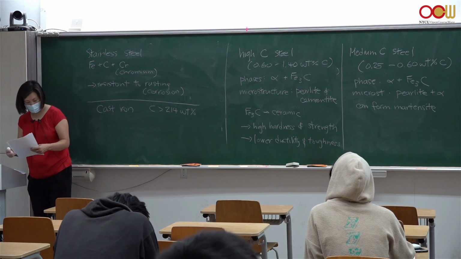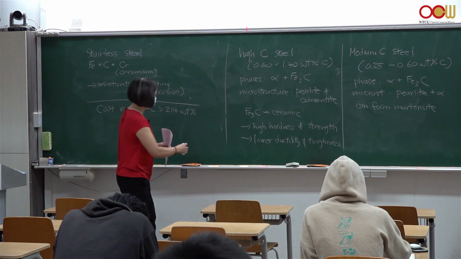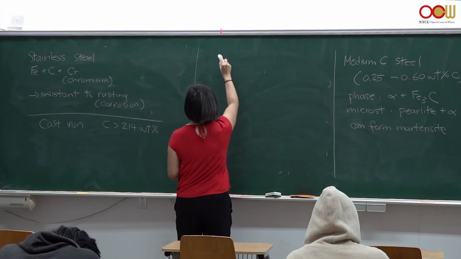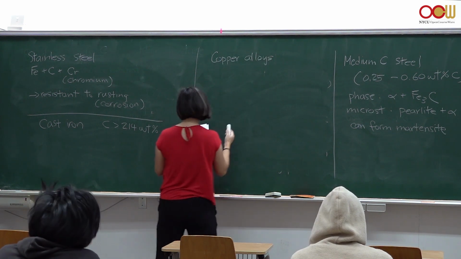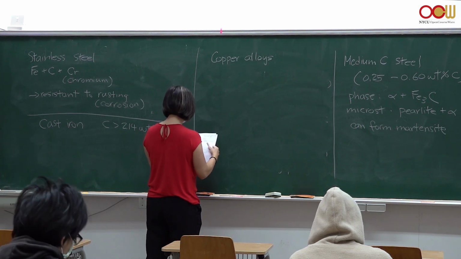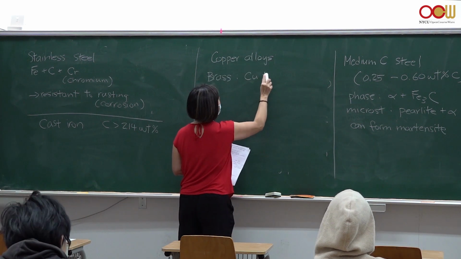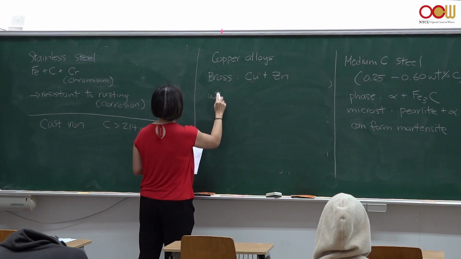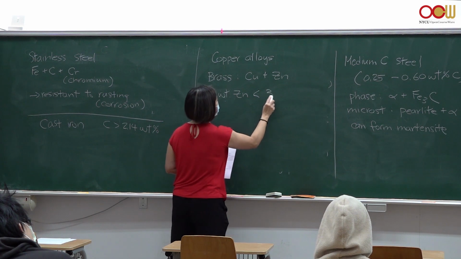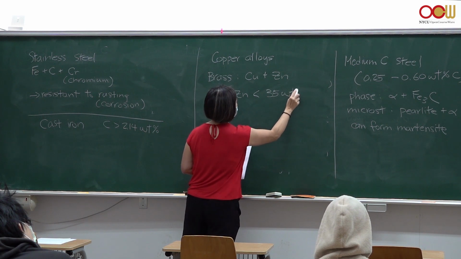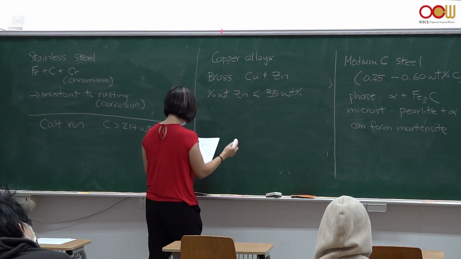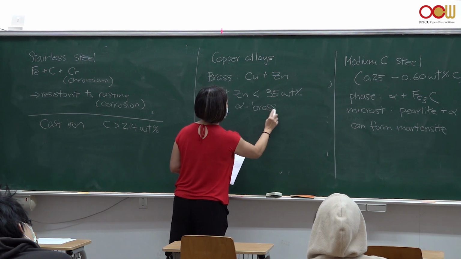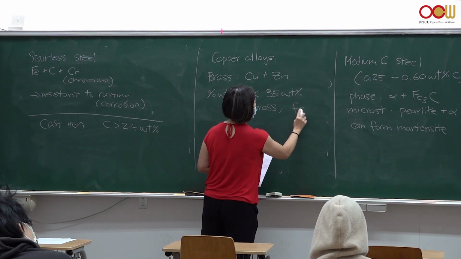And then we have a few other interesting alloys. We have copper alloys, and brass, which is copper plus zinc. If the weight percent of zinc is less than 35 weight percent, we have something called alpha brass, and that's FCC.